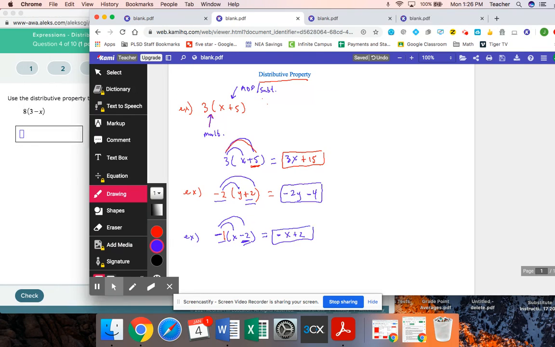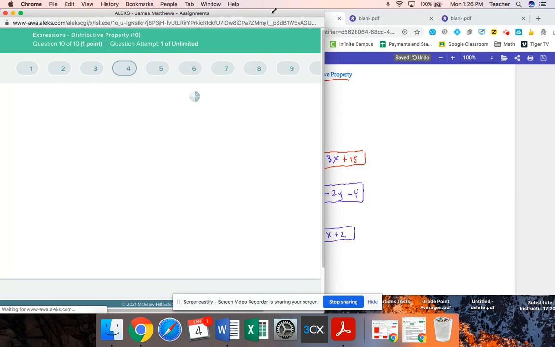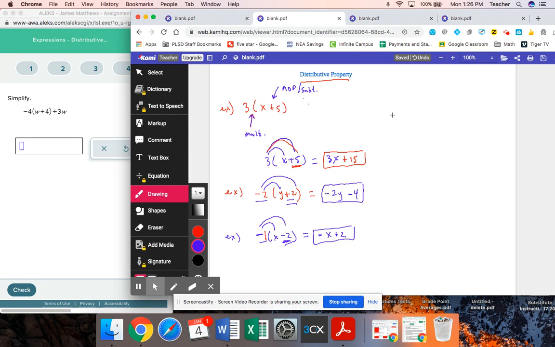All right, let's take a look at one that has a couple of extra items on there. For example, it's negative 4 times (w plus 4), and I'm still going to add to that 3w when I'm done. So I need to distribute to get rid of the parentheses. Negative 4w, negative 16, and I still need to bring down this 3w right here.